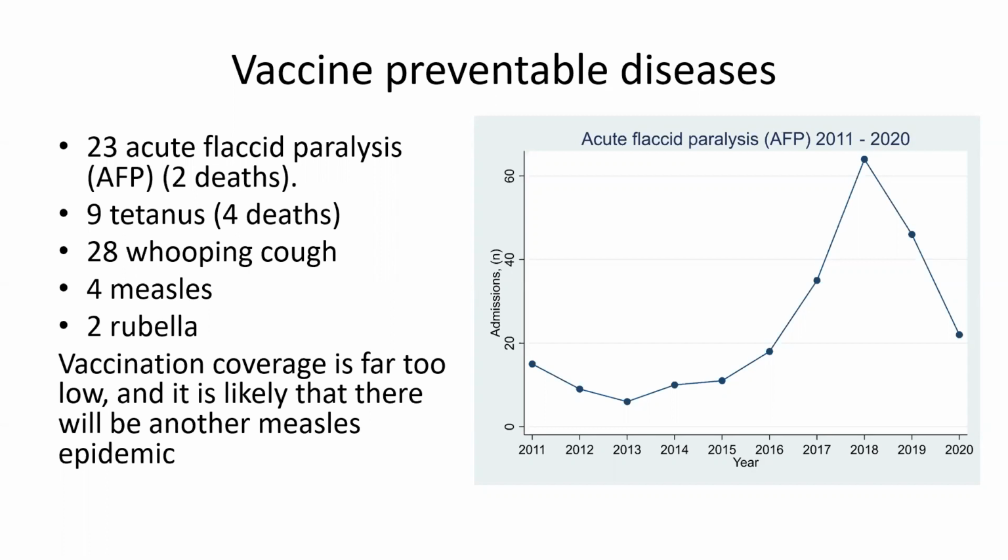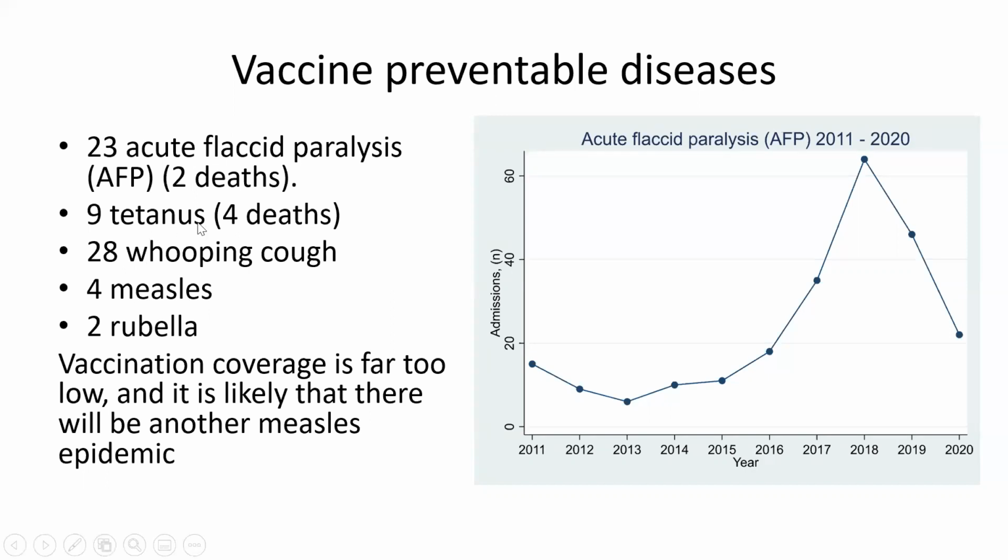None of them have that, and very few of them hopefully have the vaccine-related polio. It really speaks to the effectiveness of the big mass campaigns that happened in 2017, 2018 and 2019 to improve polio vaccine coverage, and that's why the numbers have now fallen.